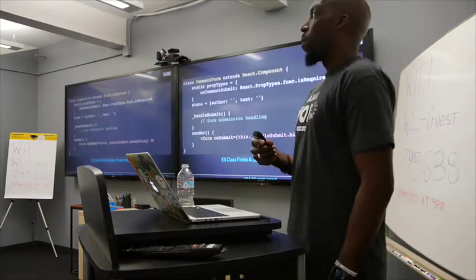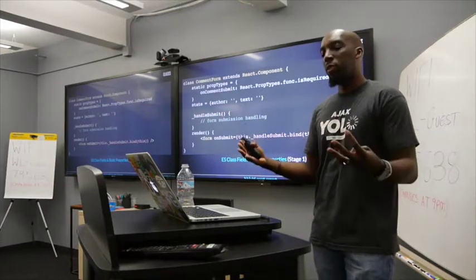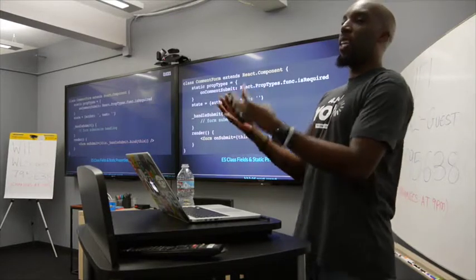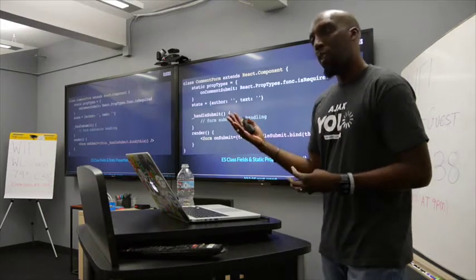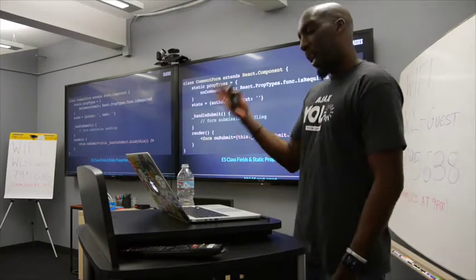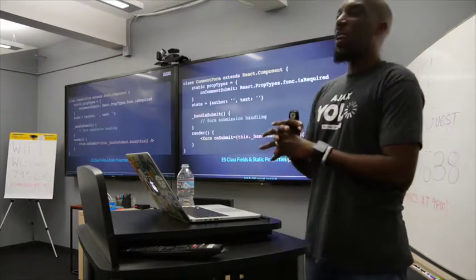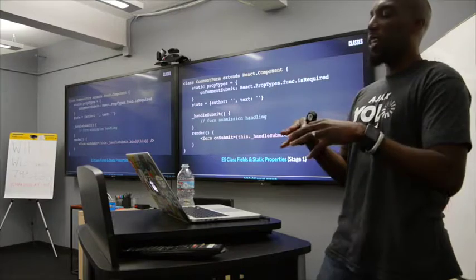But with one of the proposed functionalities that's sitting in stage 1, you can actually define your static properties right inside of your class. So if you have Babel set up with Webpack to do that, then you can define your static properties within the context of the class and not have to do it outside.